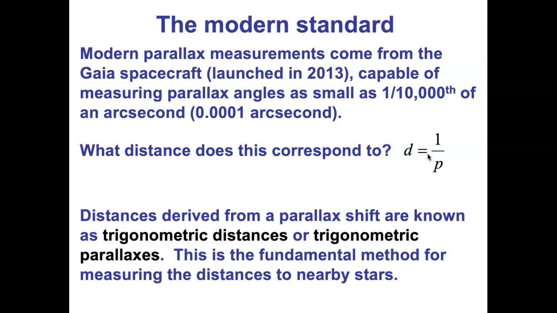The Gaia mission has been such a staggering success that it is able to measure parallaxes down to as small as 1/10,000th of an arcsecond. Now, how far away is a star if it has a parallax angle of 1/10,000th of an arcsecond?